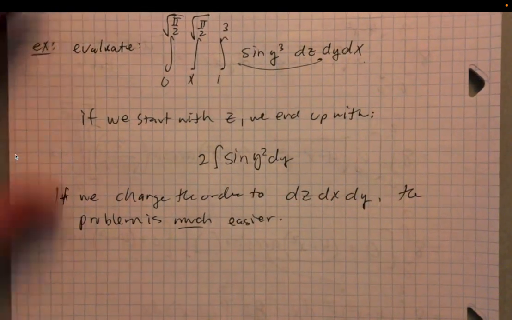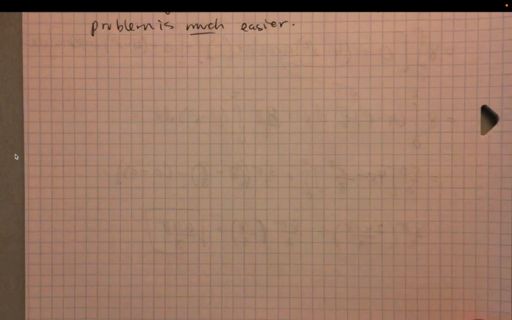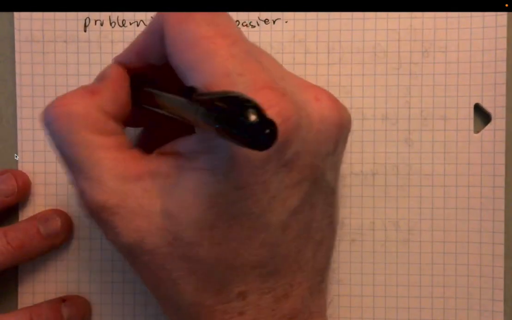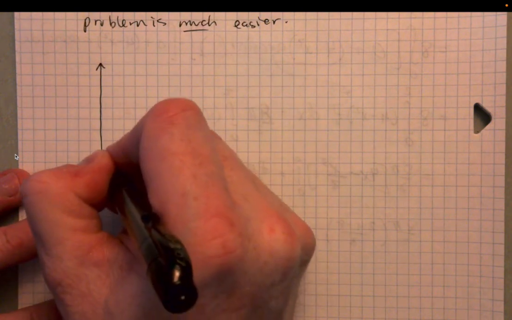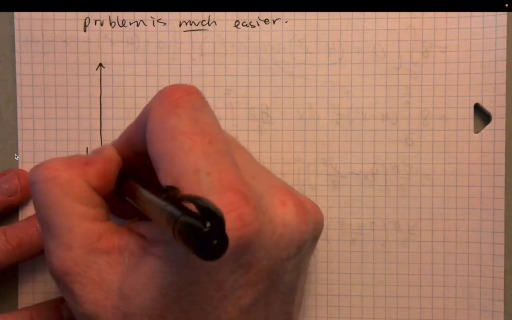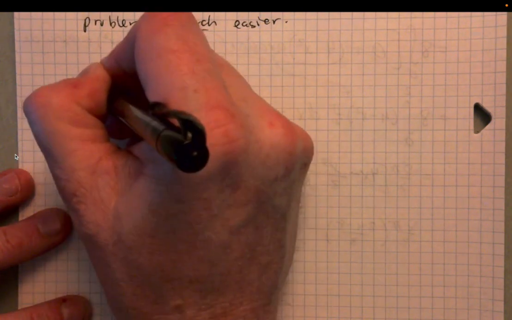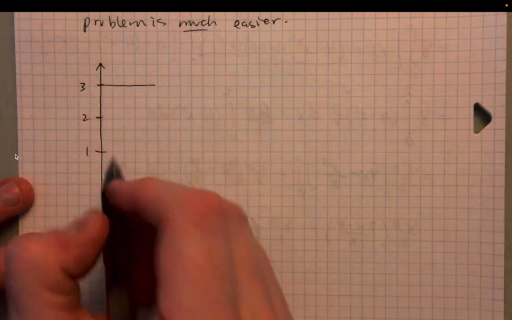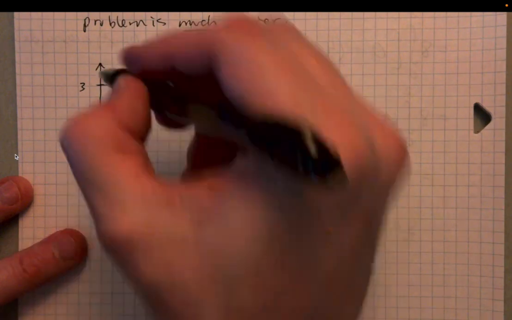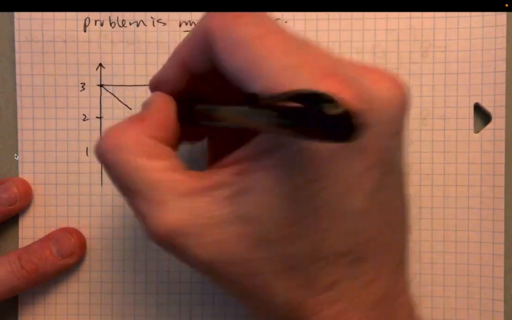So let's draw a picture of what this function looks like. We'll start with the z-axis this time, so we'll go 1, 2, 3. Now this is kind of easy to draw, but we'll just draw it quickly.